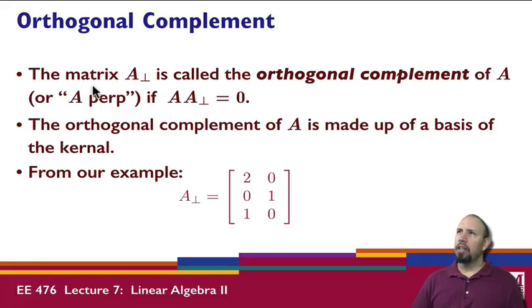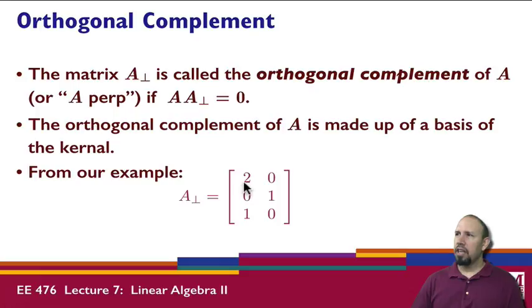We can also define the matrix called the orthogonal complement of A. A matrix written like this is the orthogonal complement of A, or sometimes called A perp, if that product is equal to 0. So the orthogonal complement of A is made up of a basis of the kernel.